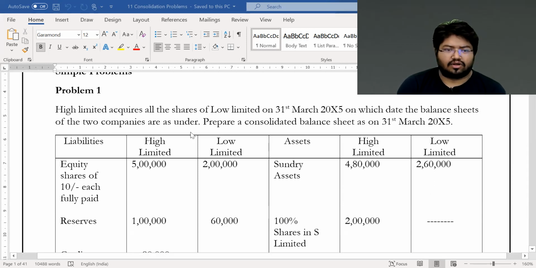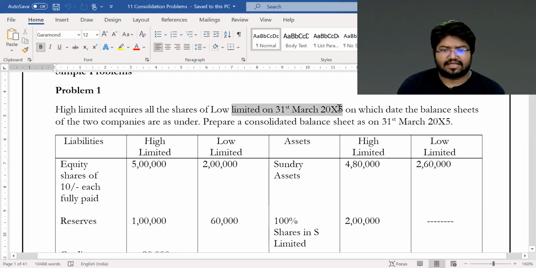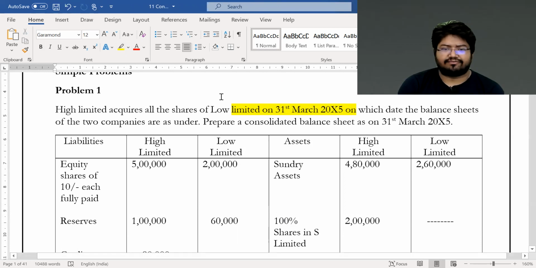Now, when you read the question, there are a few important parameters which you'll have to capture in the first go. One is the date on which the shares are acquired, 31st March 25. He is also asking you to prepare the consolidated balance sheet on 31st March 25.